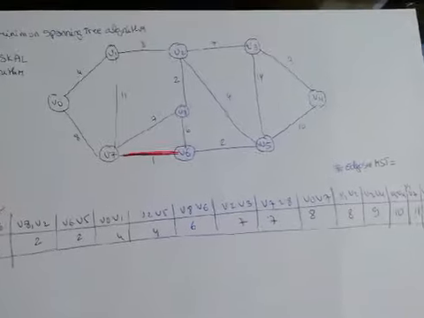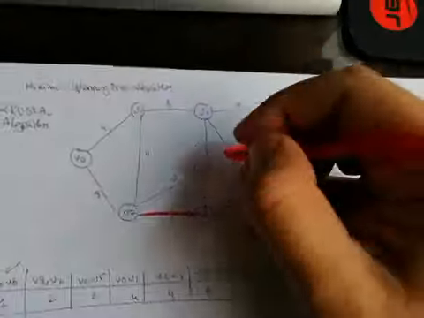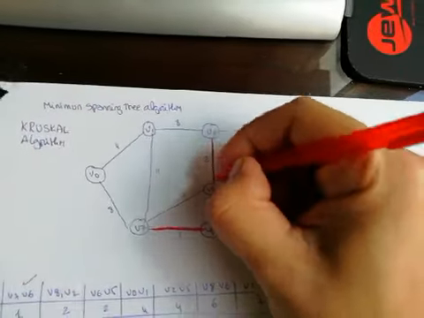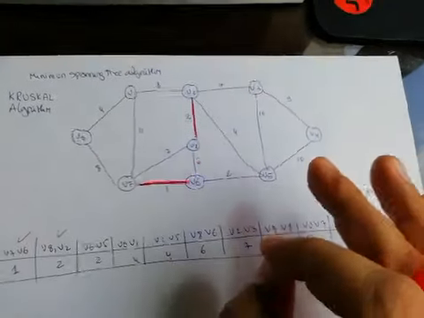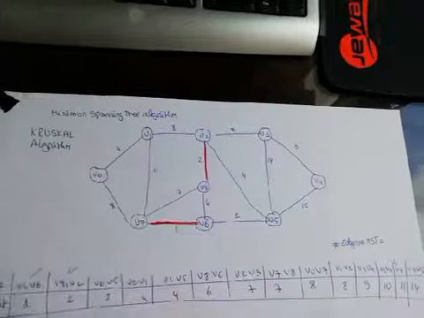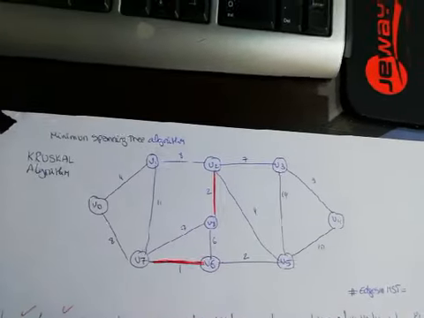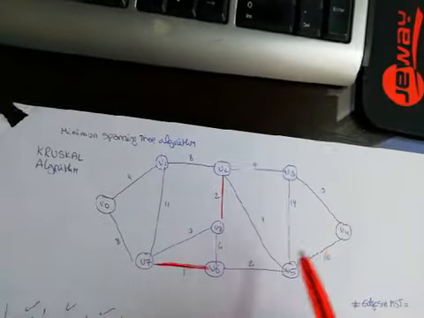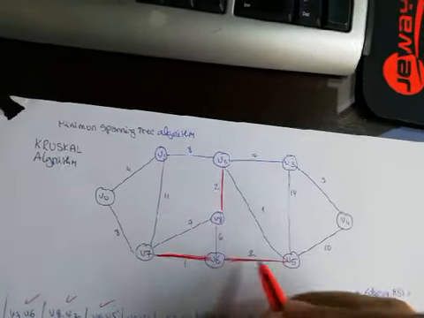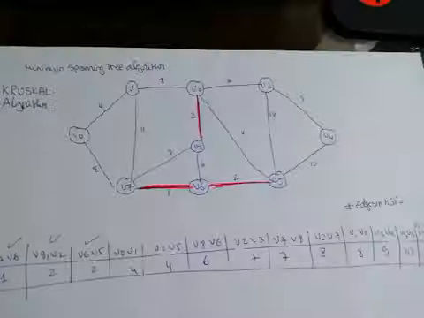The second one, we go for V8, V2. And we always have to avoid forming a cycle. I will explain in a second. The third one, without thinking, is V6, V5. I'm going in this order. So V6, V5 does not form a circle, the red lines.